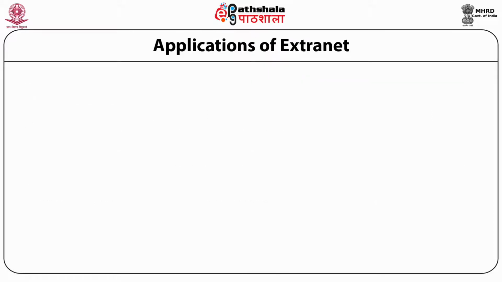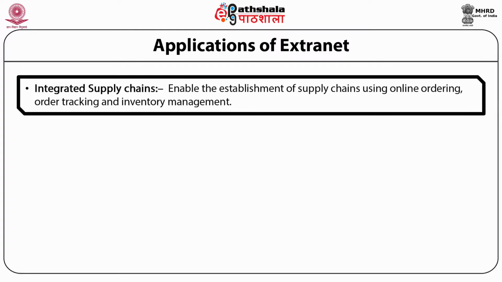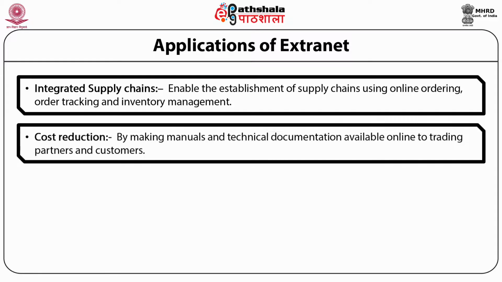Now let us look at some of the applications of extranet. That is, integrated supply chains, which enables the establishment of supply chain using online ordering, order tracking, and inventory management. Cost reduction by making manuals and technical documentation available online to trading partners and customers.